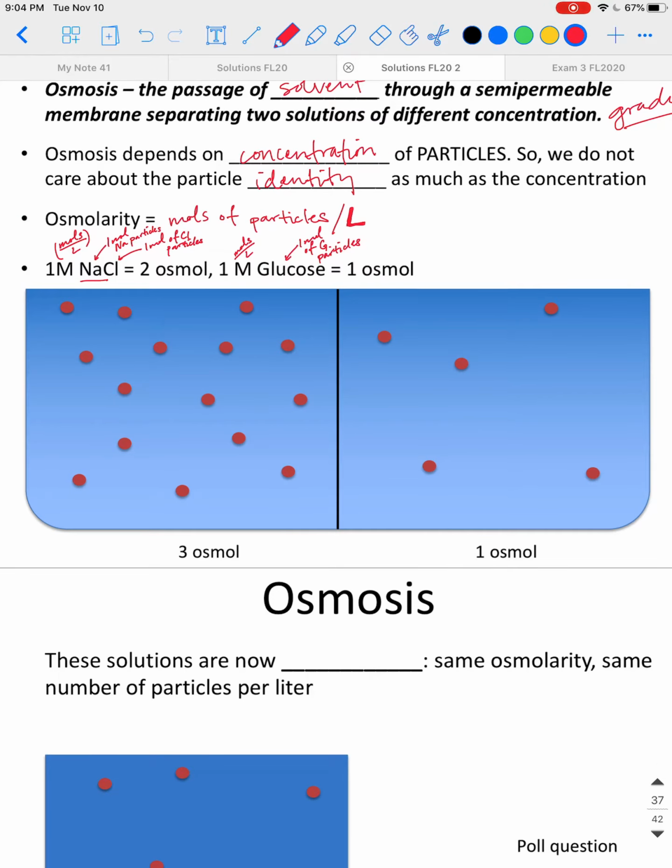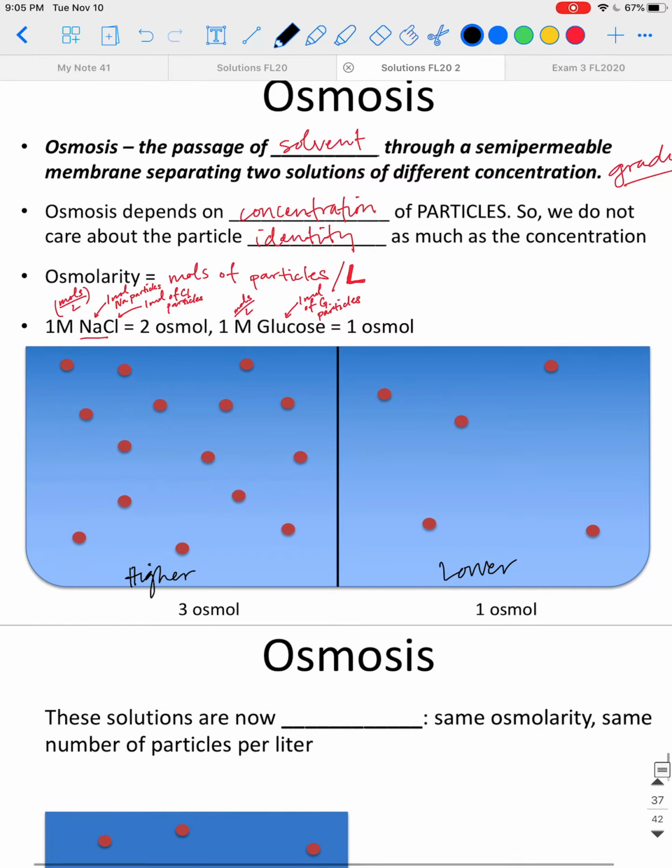But looking at this figure here, we have a semi-permeable membrane in the middle. This is the black line separating two sides, two solutions, different concentration. On the left side, we have something with higher concentration, and on the right side, we have something with lower concentration.